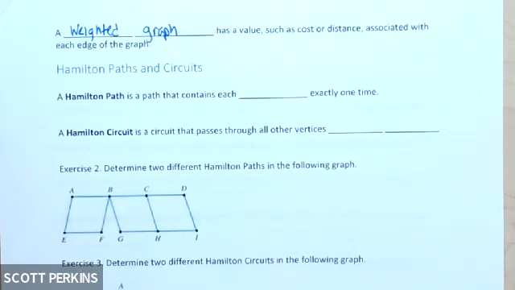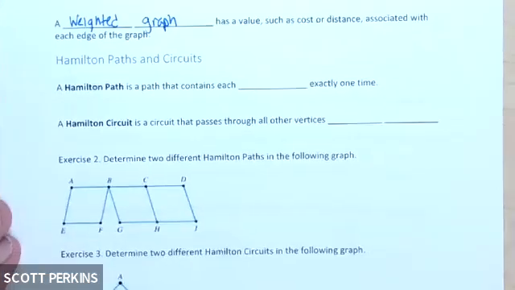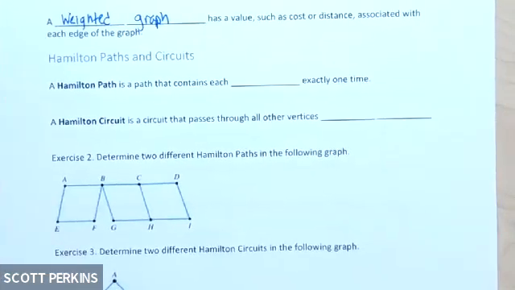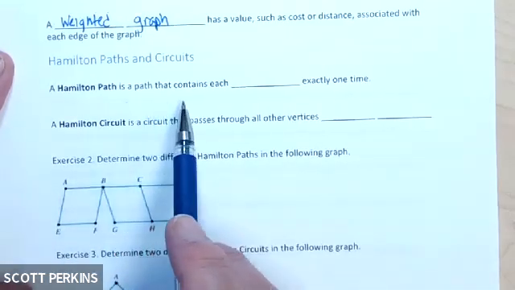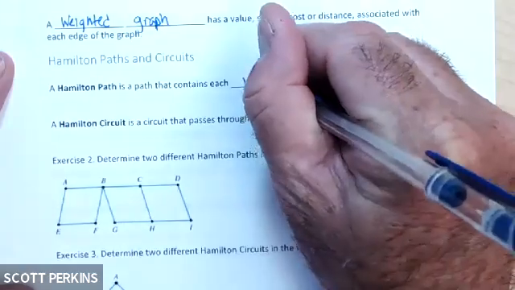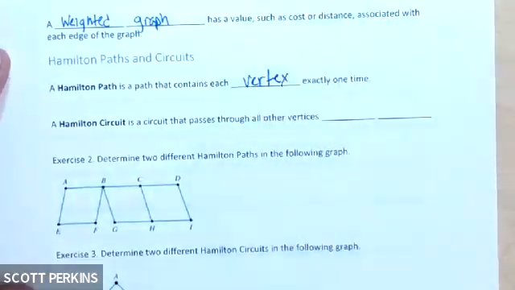So that takes us to our purpose for being together today, a Hamilton path and circuit. We reviewed what an Euler path and an Euler circuit was, where you cross each edge one time. A Hamilton path is a path that contains each vertex exactly one time. I want to make a little note about this.